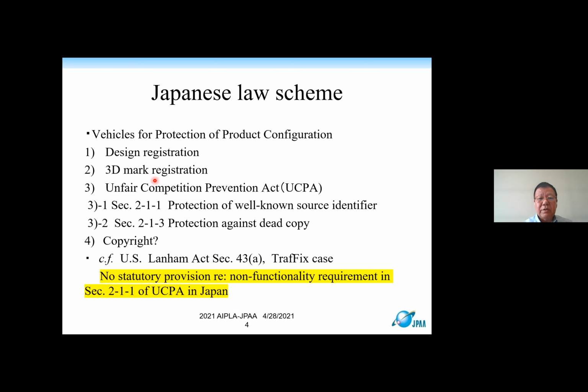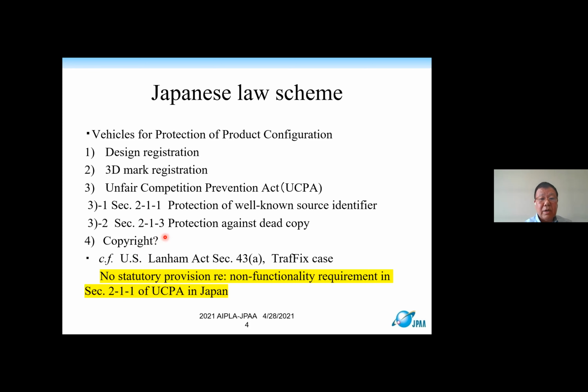And third big one is the UCPA, and particularly a couple of provisions are relevant for that purpose. Section 2(1)(i), protection of well-known source identifiers. And section 2(1)(iii) is protection against a dead copy.